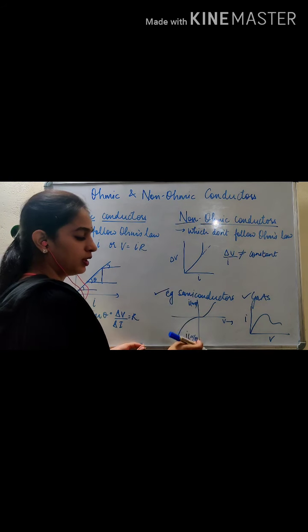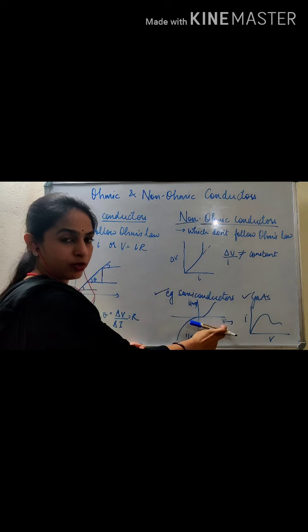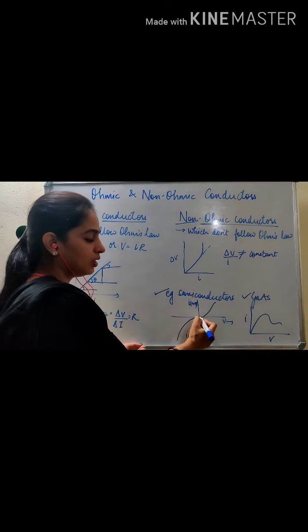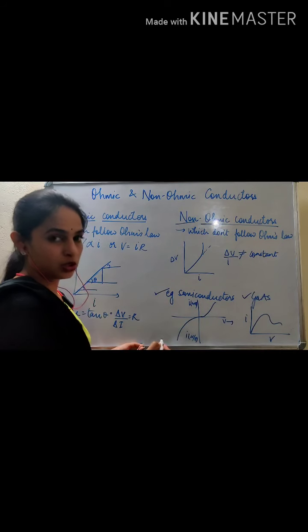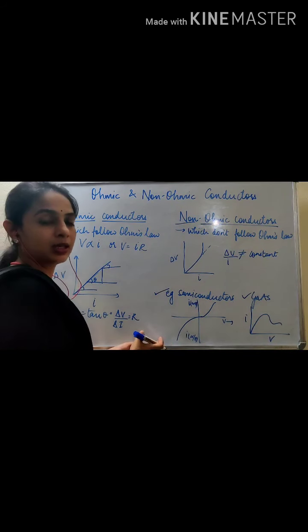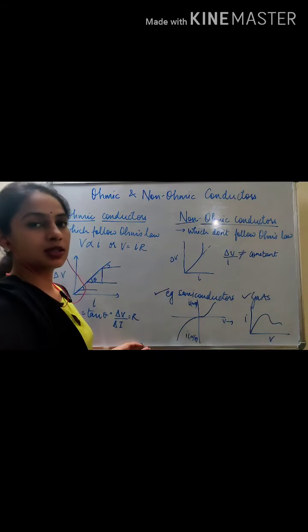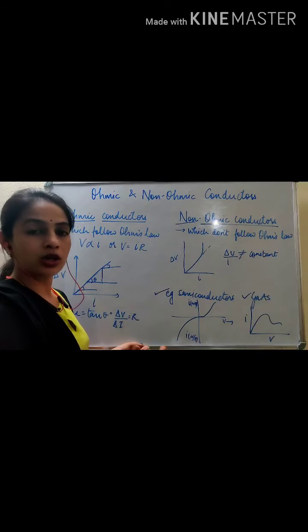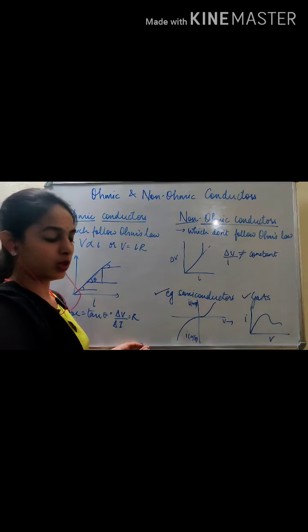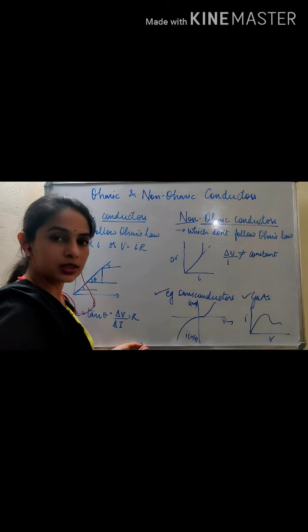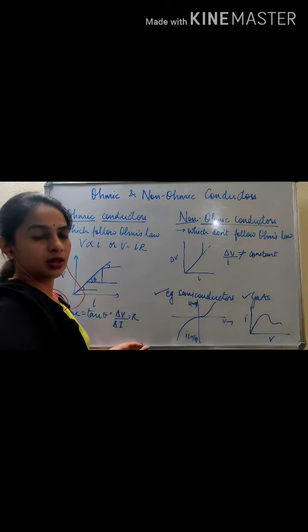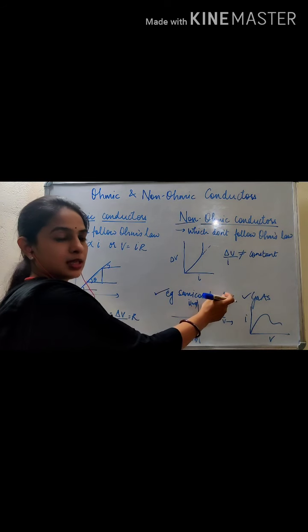If you plot I versus V on a graph for semiconductors, initially the current is 0 as you go on increasing the potential. Why? Because it's a semiconductor, and in semiconductors charge carriers are not freely available at room temperature. So when you go on increasing the potential, breakdown occurs, charge carriers become available, and current starts flowing.